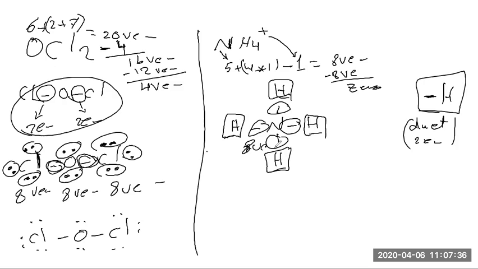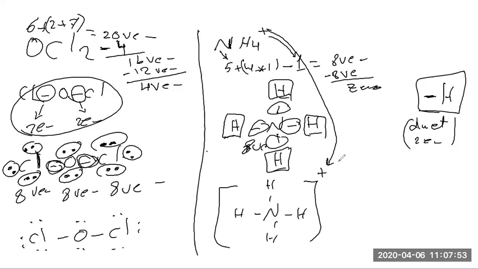So this is the Lewis structure. N, H, H, H, H. Don't forget, because we have an ion, we need to put brackets around the structure and put the positive charge outside the bracket. And this is the Lewis structure for ammonium.